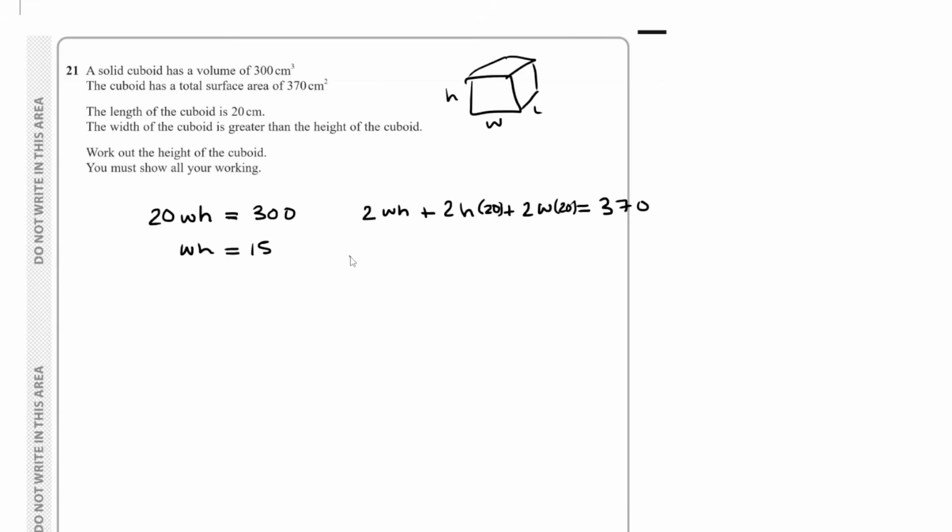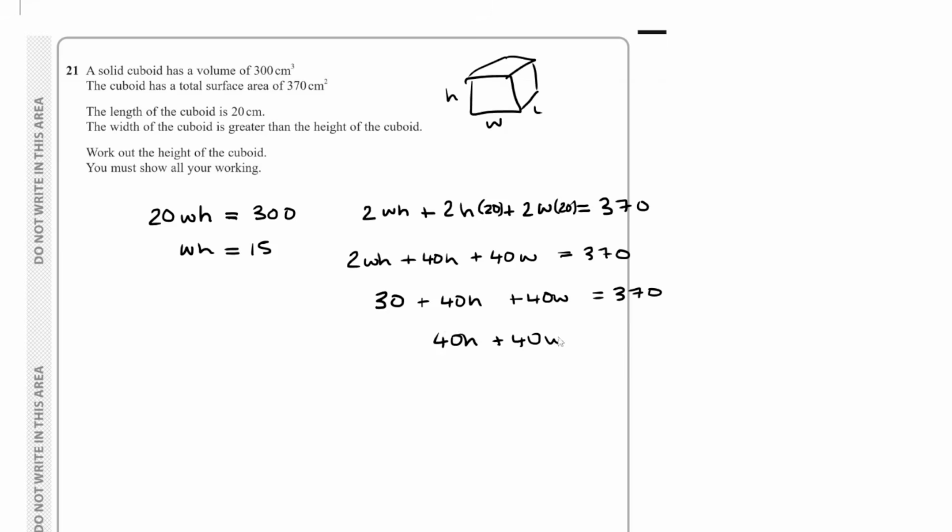And now remember, I do know what the length is, so I could sub that in. Okay, let's work that out. So that's 2wh plus 40h plus 40w equals 370. Also remember, we know what wh is, so we could sub that in as well. That's 2 times 15 plus the 40h plus 40w is 370, so that obviously makes 30. I could move the 30 across, so 40h plus 40w equals 340.